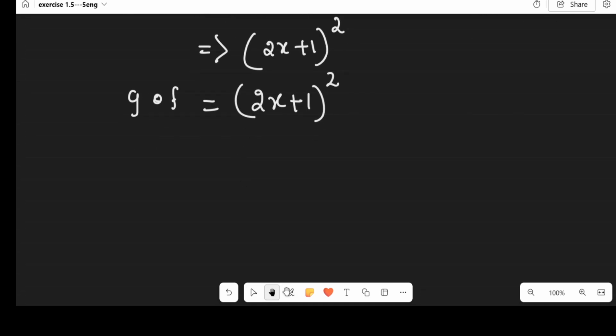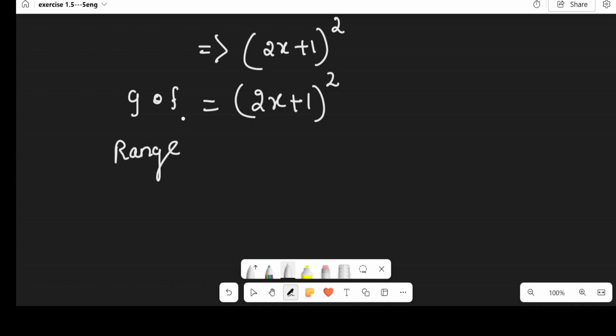What should we find out next? Next, range, right? We have to find out the range of g of f. If you are using set builder method, we should include the set brackets first. Similarly, what we have found in the previous step, we can follow the same thing. Here I'm taking what has been gotten in this g of f, right?